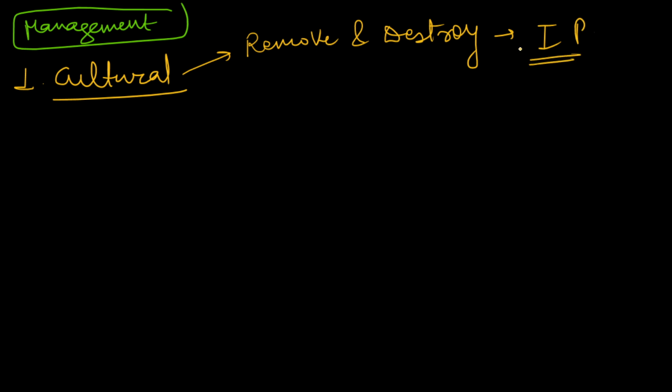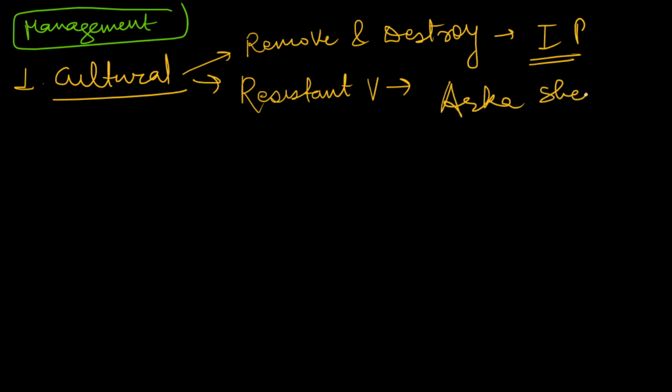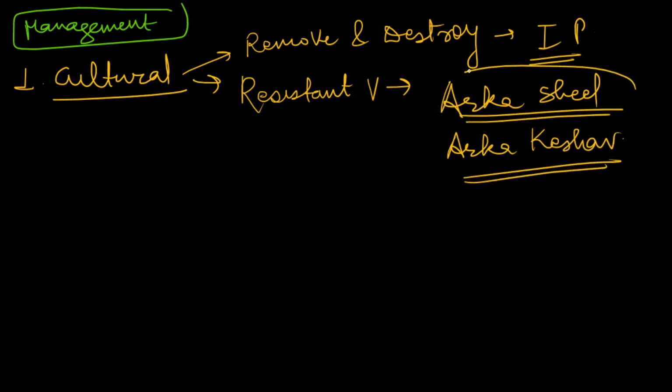Simply you can write remove and destroy. Then we can grow resistant varieties, for example Arka Neelkanth, Arka Keshav. These two are very important. You should remember the names Arka Neelkanth and Arka Keshav.